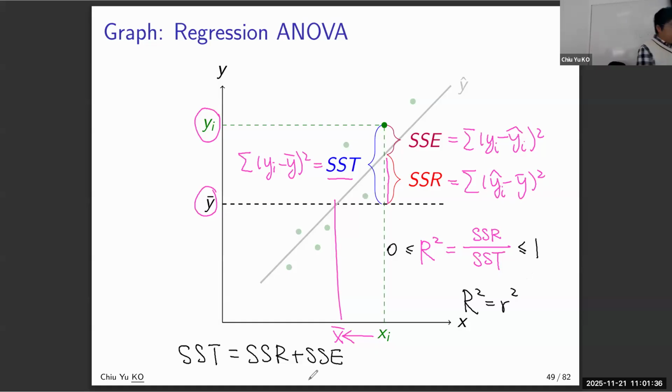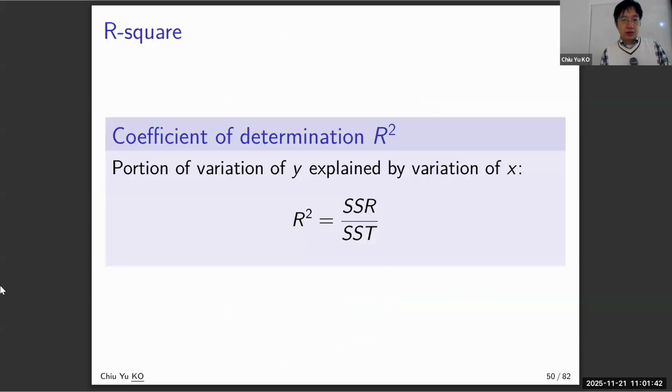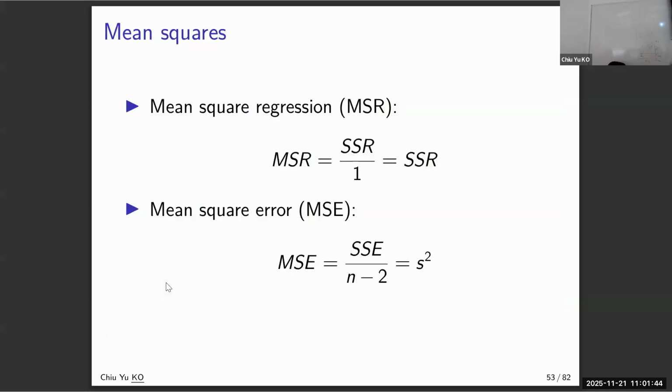So we're done with R square. The next concept we're going to do is the mean square error, MSE. Okay. So this one we know very well, right? Mean square error is estimating S square, which is estimating the variation of the error term, right? So what is this, SSR over 1?